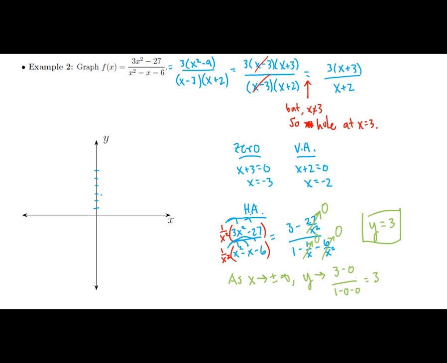At y equals 3, I'm going to put a horizontal dashed line. We'll put our vertical asymptote here at x equals negative 2. And then we have a zero at negative 3, so our zero is going to be right there. Okay.